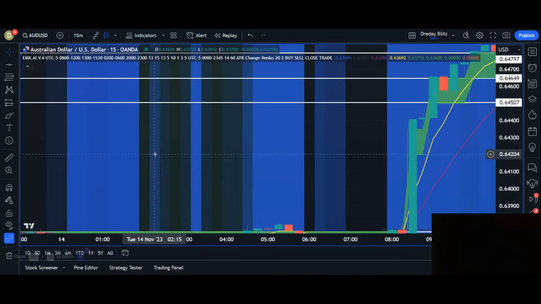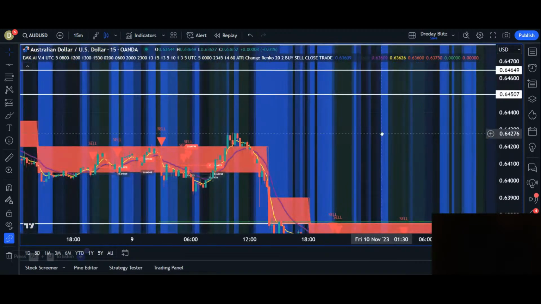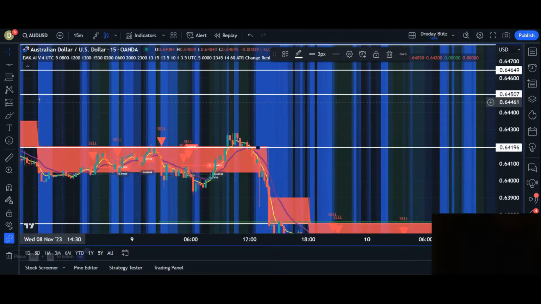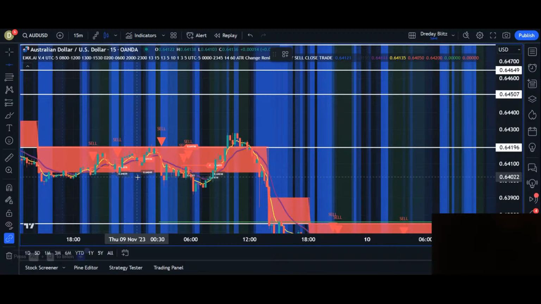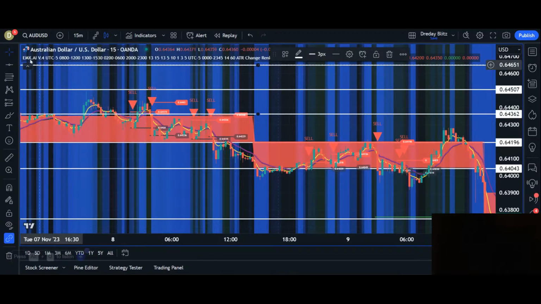Or you could go in the past and look at previous Renko zones. So I'll put it here. Right here. Because when you get big moves, sometimes it's not going to give you the actual Renko bar zones.